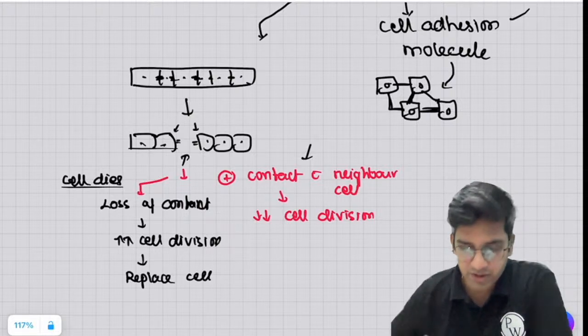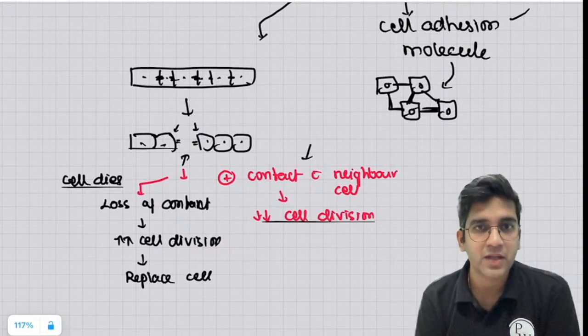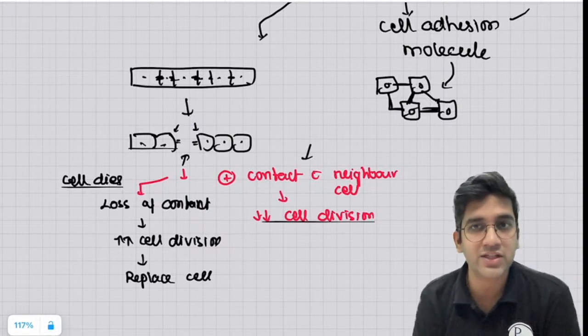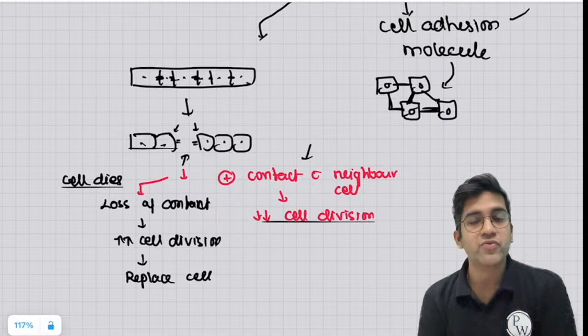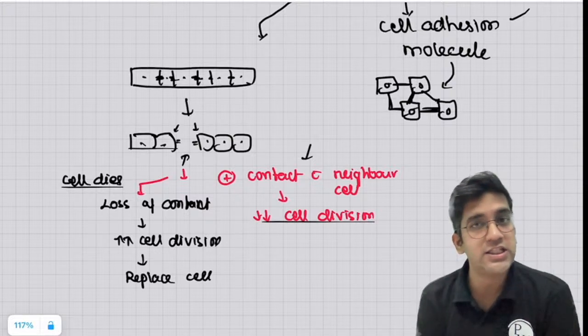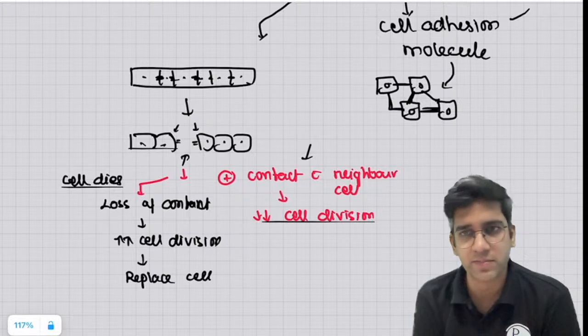When E-cadherin is present, medico, what will happen? The cell will not divide. There will be reduction in cell division whenever there's a contact, right? Okay, perfect. So when E-cadherin is lost, the cells divide more. So CDH1 is a tumor suppressor gene.